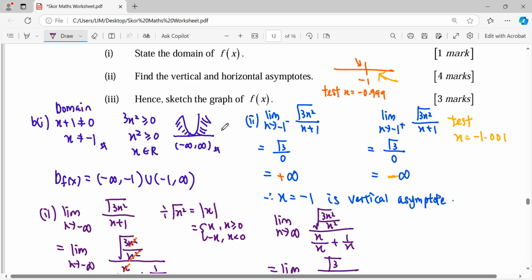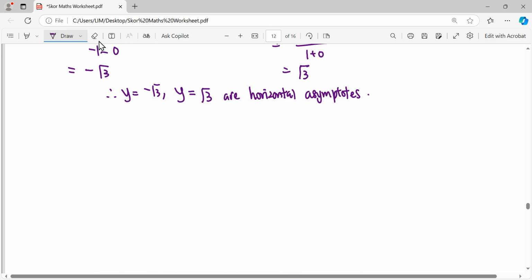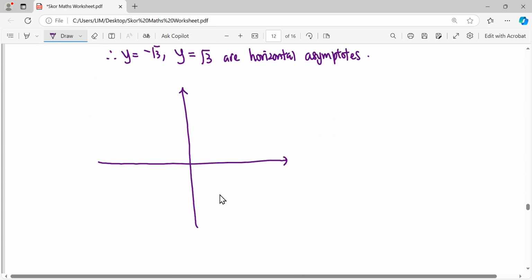Then after that, we're going to sketch this function. So first of all, we sketch all the asymptotes. As your asymptote here, we can see x equals -1.